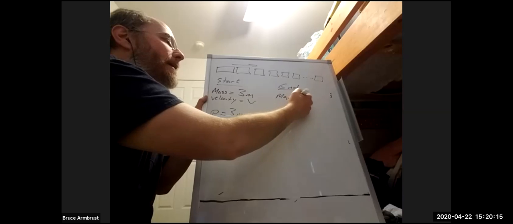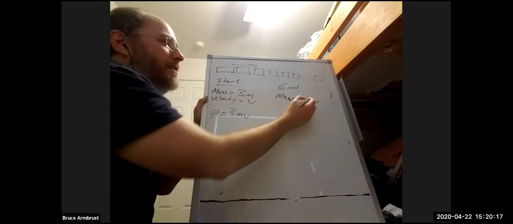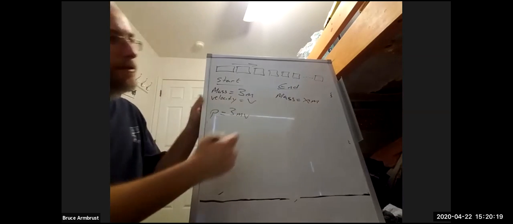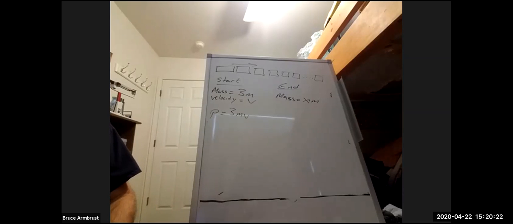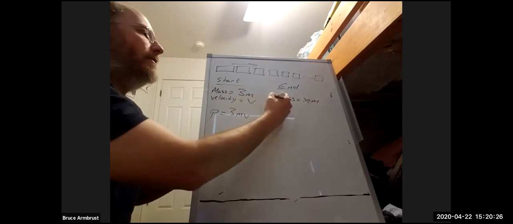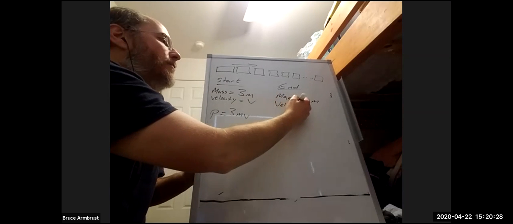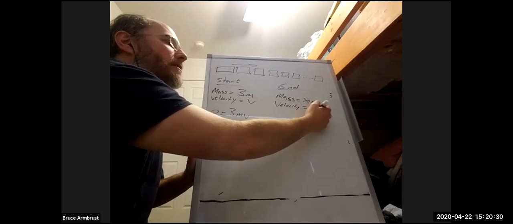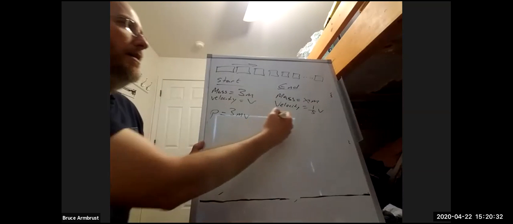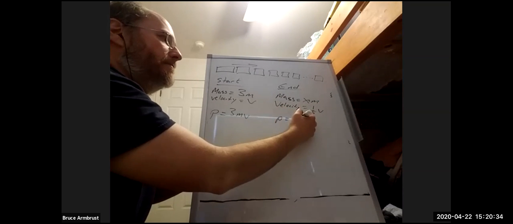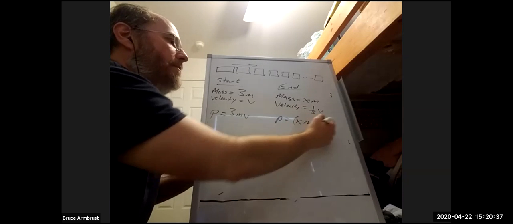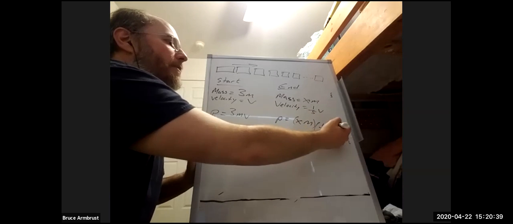I don't know how many, so I'm just going to say that it's x of them. So I've got x cars, which means my mass is now x times m, and my velocity is 1/5 of what it started as, so 1/5 v. So its momentum is xm times 1/5 v.